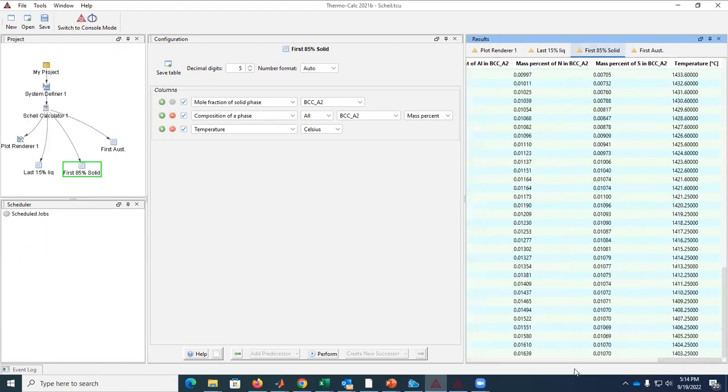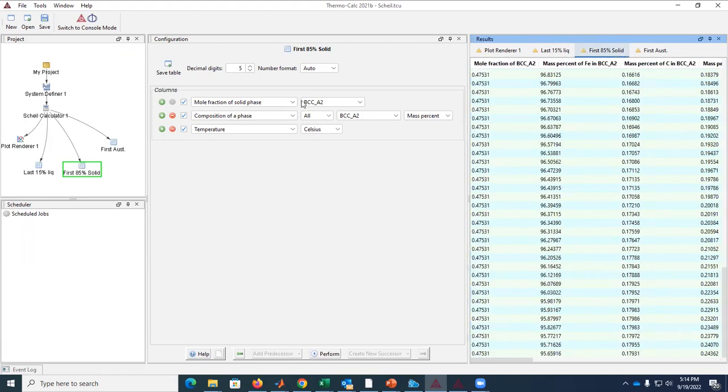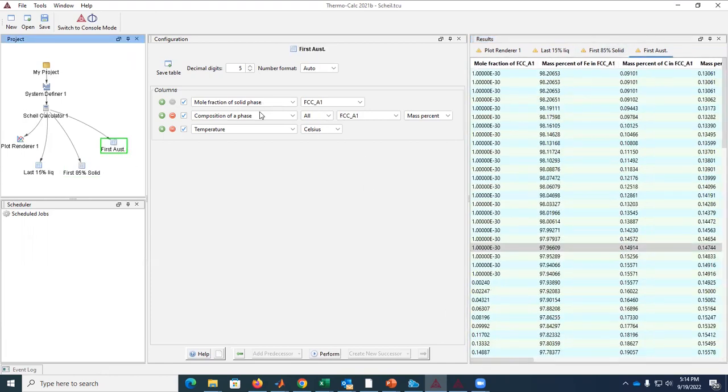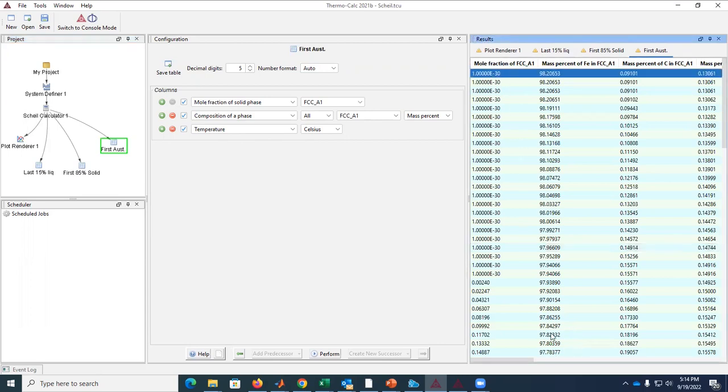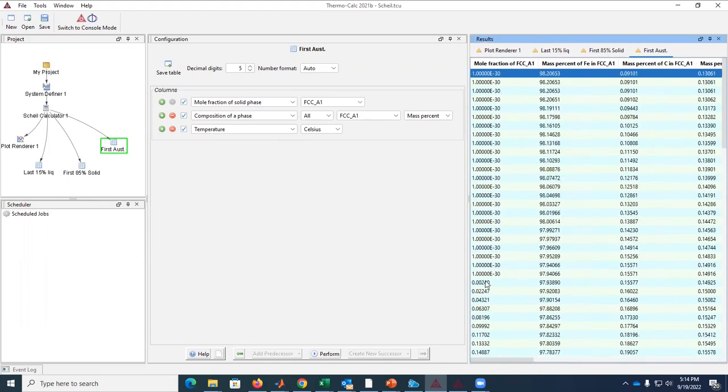At this point it stops solidifying, and basically it's going to transform to austenite. So if I plot the austenite, FCC, all of the components, and temperature, it started almost at 0 here, 1 to the power of minus 30 is almost 0. It started to form at high temperature, but it's almost nothing.